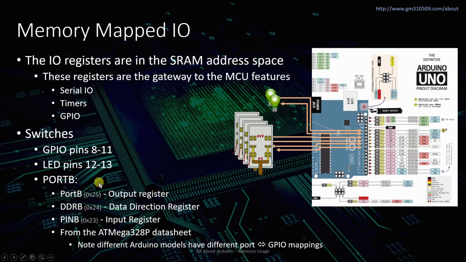And port B is a structure that consists of 3 registers. So there's the actual register called PORTB, which is the output register. There's DDRB, which is the data direction register. And there's PINB, which is the input register.